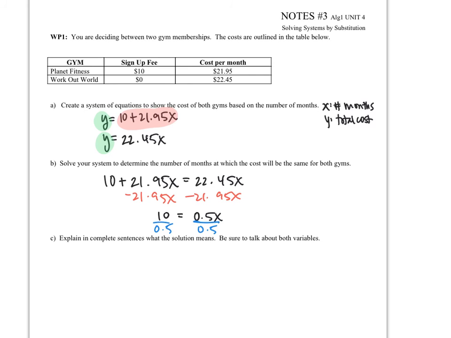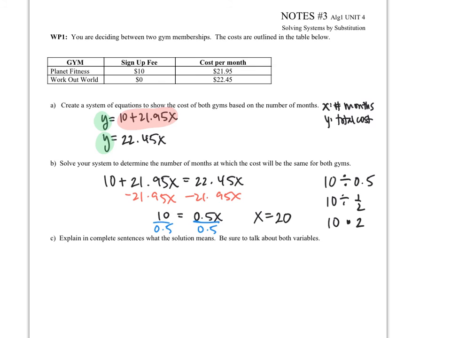Now if I didn't have a calculator, one kind of interesting thing here is that 10 divided by 0.5 is the same as 10 divided by 1/2, and to divide by fractions, I can multiply by the reciprocal, and so this would mean that x equals 20.